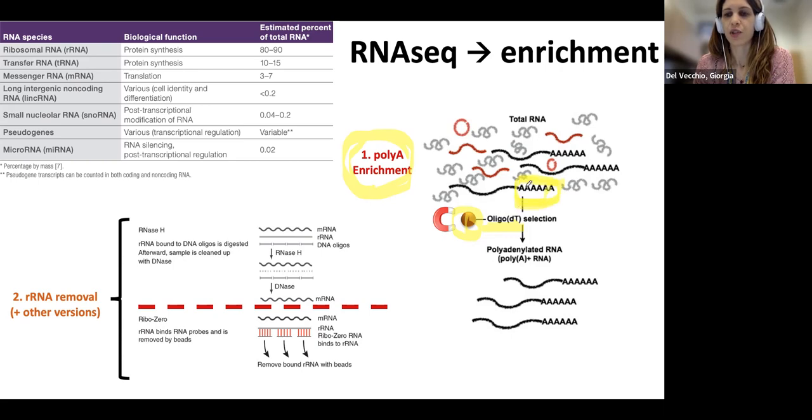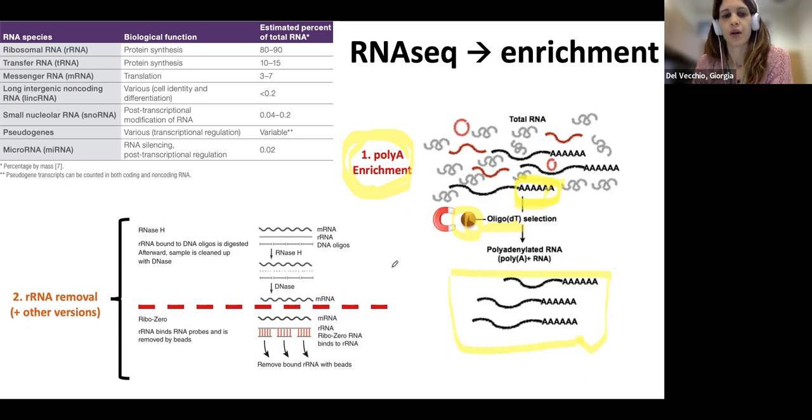So we can capture the messenger RNA by their poly-A tail using oligo-dT. And thanks to the magnetic beads, we can separate the messenger RNA from everything else. So we are just selecting the poly-A RNA here.